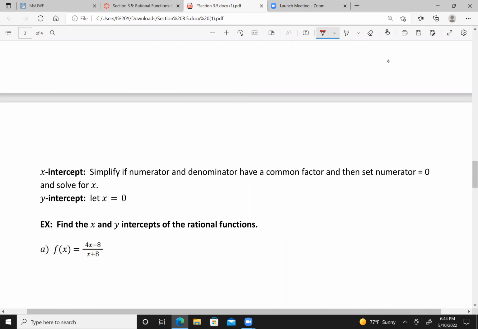So I don't see any simplification. So essentially, if we let 4x minus 8 equal 0, 4x equals 8, x equals 2. That is our x-intercept, 2, 0. We set the numerator equal to 0.